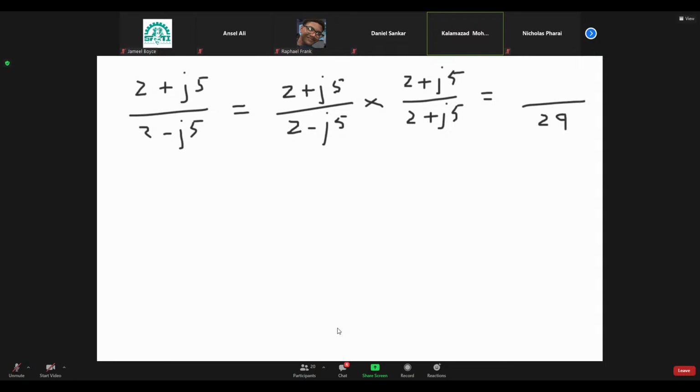Now we've got to multiply out the top. All right, that's going to give us 4 plus j10 plus j10 plus j squared 25.